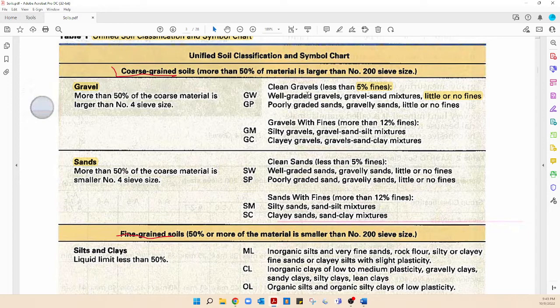More than 50% of coarse material is larger than the number 4 sieve size. That's gravel. Number 4 is a smaller sieve. And sieves, it's like your flour sifter thing. And then it's broken down into well graded and poorly graded.